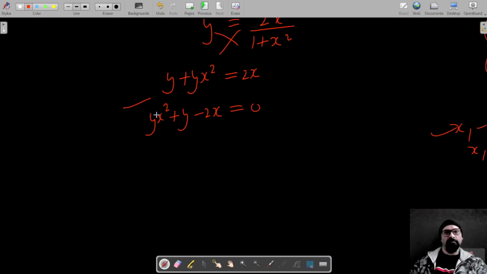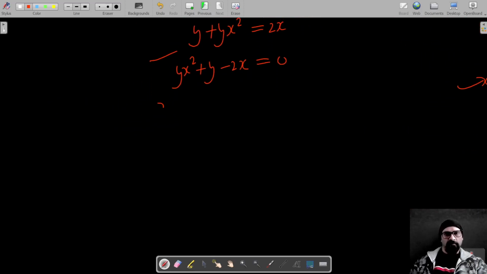This is a sort of quadratic equation, and we can find out the value of x. Let's put this in the standard form. So this is yx square minus 2x plus y is equal to 0.